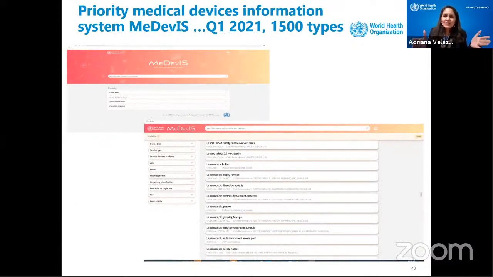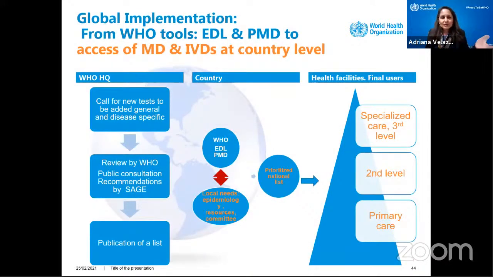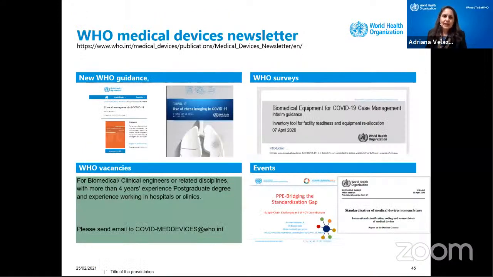But we put everything together with the help of many biomedical engineers, extraordinary people that have been helping me day and night to put all the information together so that with a click, you could find information about all the medical devices that are in these books. So the idea is that countries take this guidance, these books that are produced by WHO, use it in their country, and then say, okay, now we can define where in my healthcare settings I can put them.